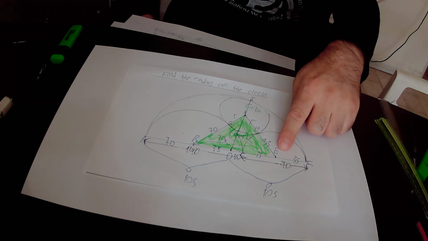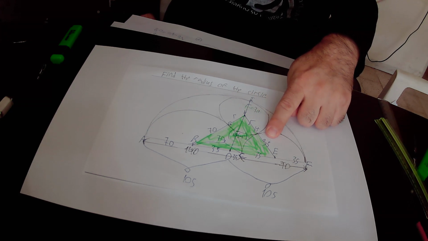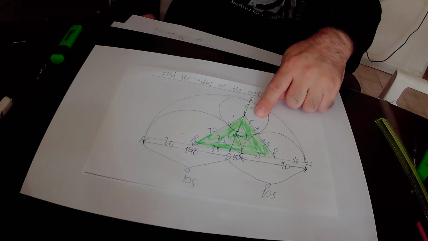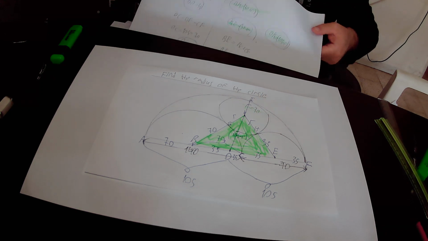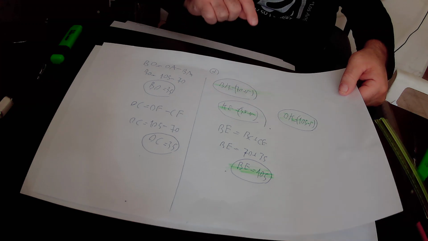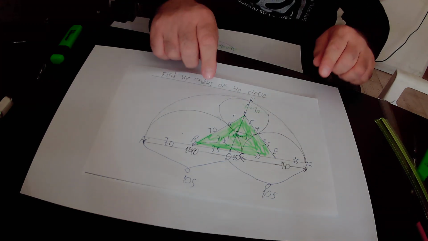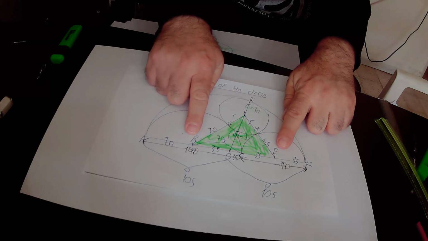EK, the length of this line segment, equals the radius of this smallest semicircle, 35, plus the radius of this circle, R. So KE in total equals 35 plus R. And what is the length of line segment BE?